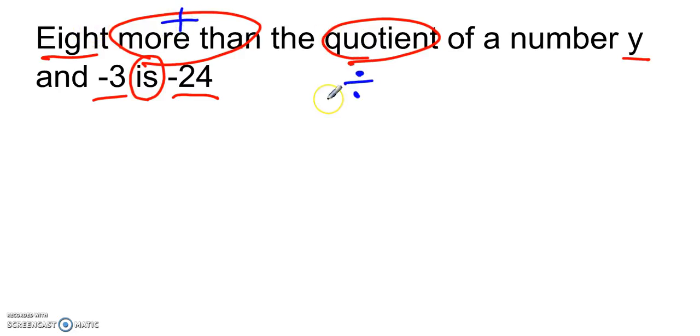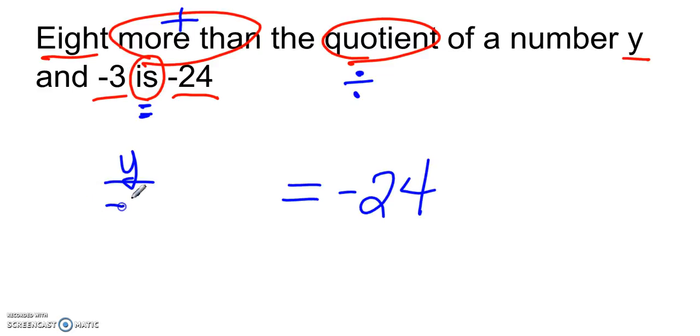Quotient is division. We're adding 8, so it's on top of whatever it is. Quotient's division, so we're dividing y by -3. Is means equal, so everything revolves around this -24. So then I have y divided by -3, plus 8, equals -24.